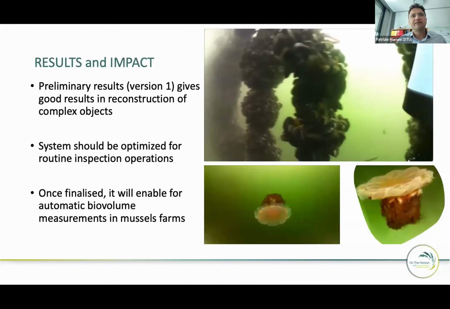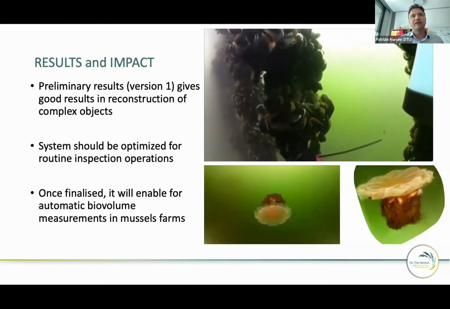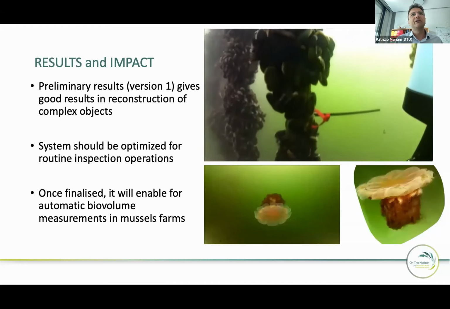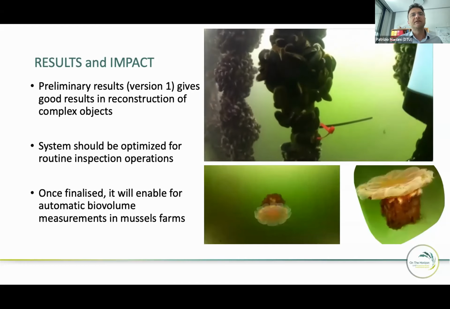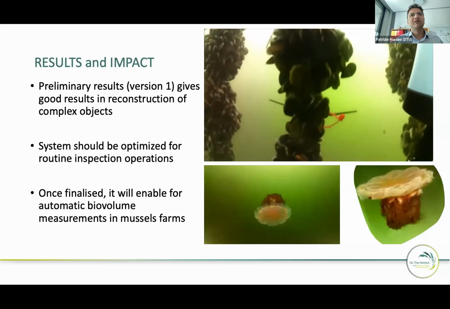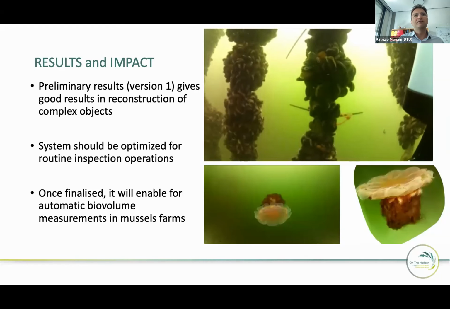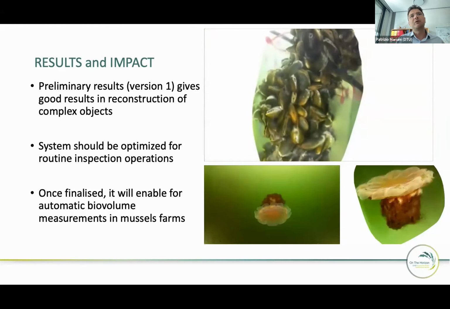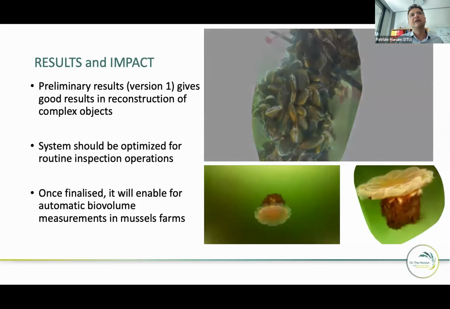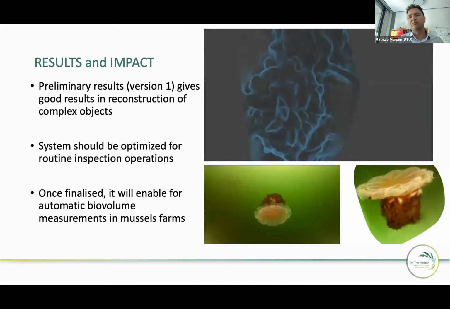So in terms of results, this is a version 1 done with the integration of another camera in the system. And we went there to inspect some of these mussel lines. Of course, the visibility conditions are not ideal, and there are waves and currents moving things, but still we were able to reconstruct the mussel lines in 3D and make a model of them that allows for volume estimations.